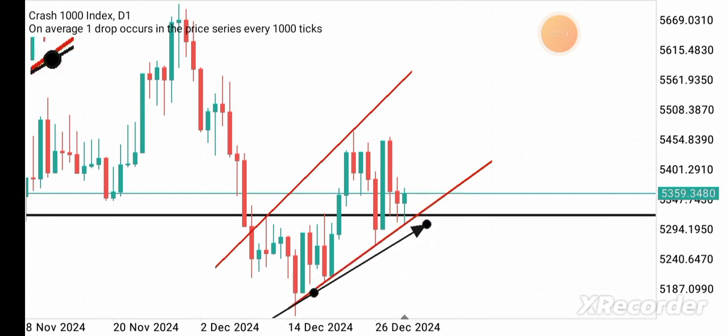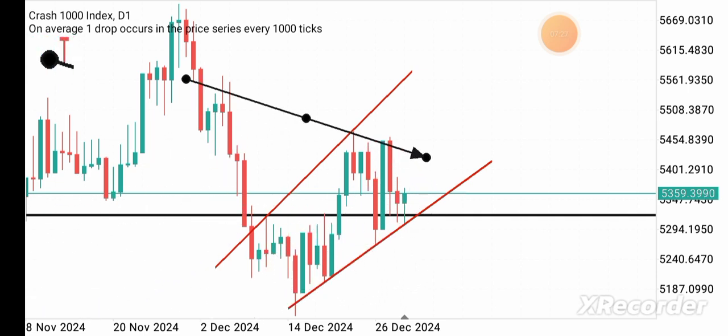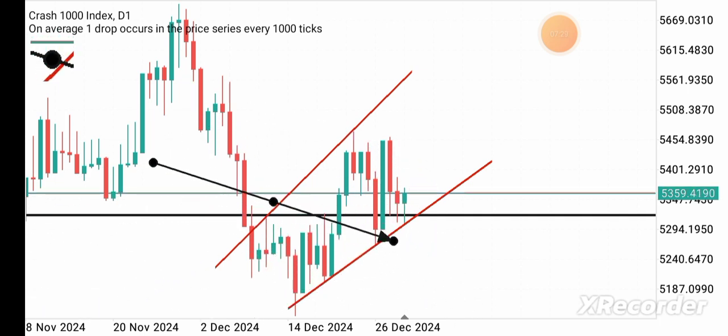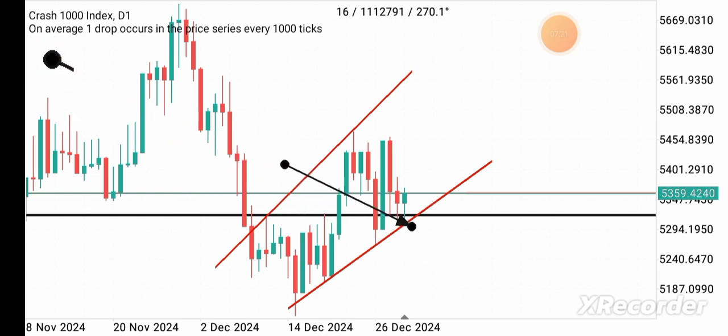You understand? Even taking a trade around here, it's still not guaranteed the market might want to buy. Then if it can break above this zone, it can touch the trend line again before coming down to sell. But trust me, from this structure we are seeing here, the market will later want to sell to the downside. The market will want to sell to the downside as a continuation, as a bearish continuation.